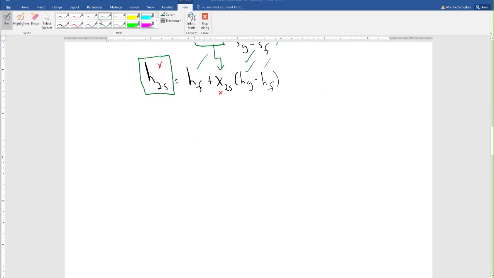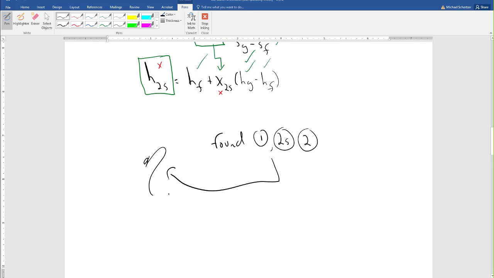So this is one way. This kind of isentropic efficiency problem, we fixed: here we found state 1, state 2s, and state 2, and we used all of this to find the efficiency.